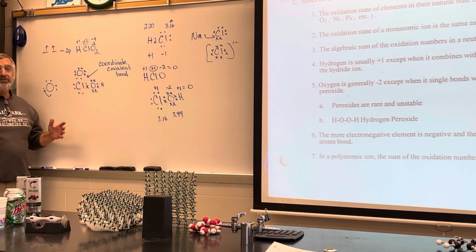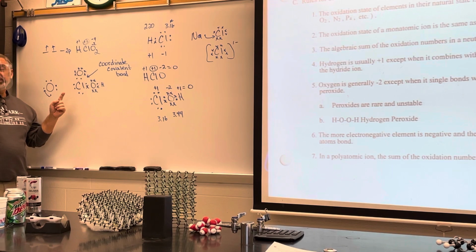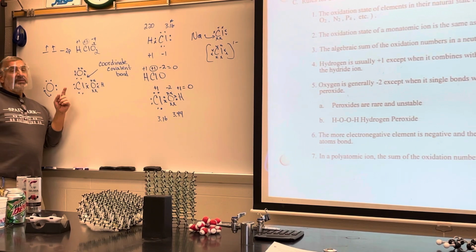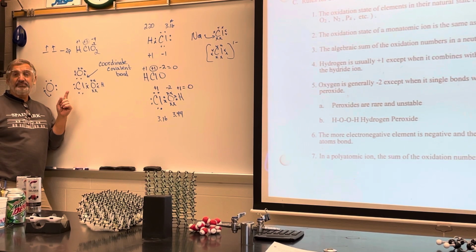So I'd rewrite it. Coordinate covalent bond: both electrons of the shared pair come from the same atom. Put this on the back of the paper, and write it by hand.